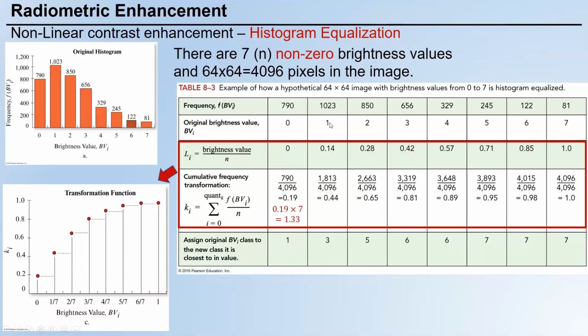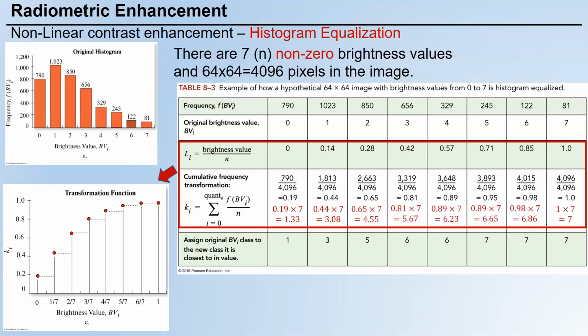Originally, it is 1. These 1023 pixels had a value of 1 in the original image. What's the new value for these pixels? You multiply 0.44 by 7, which is 3.08. What is the closest integer to 3.08? 3 or 4? Of course, 3. Then these pixels have a new value of 3 after the equalization.